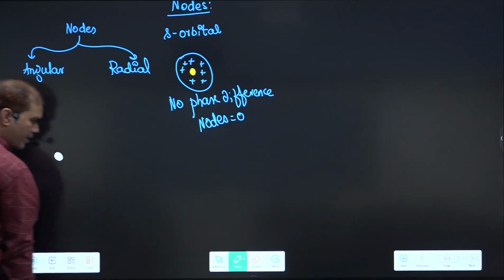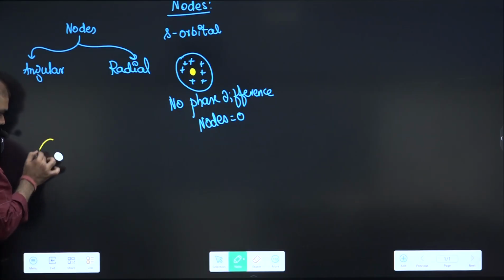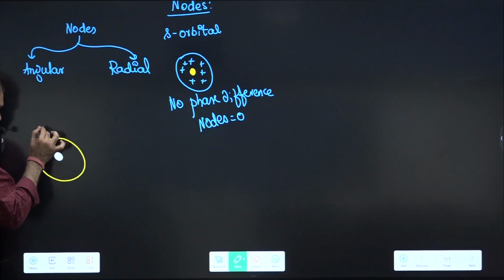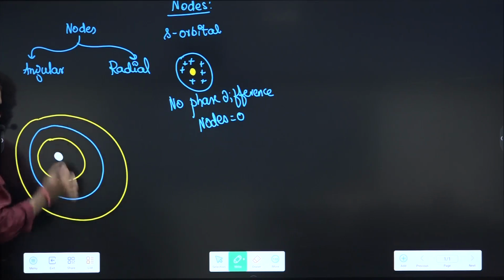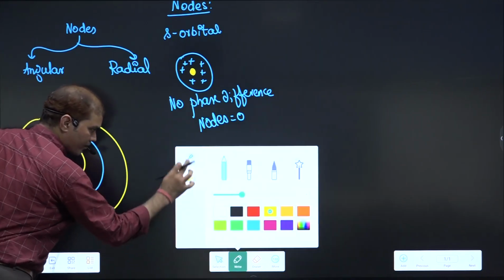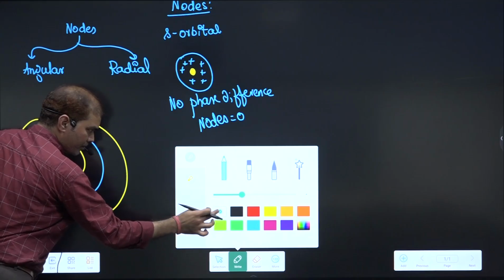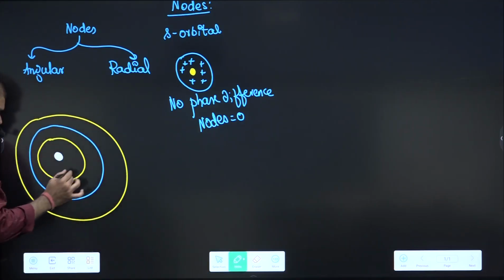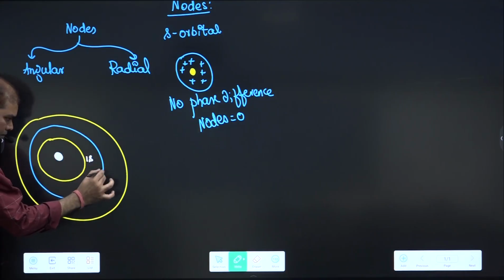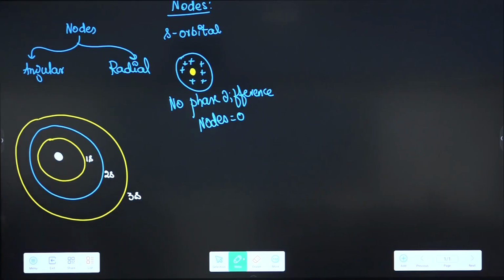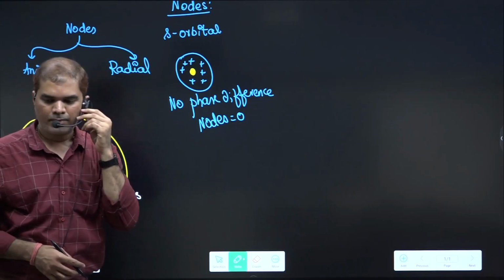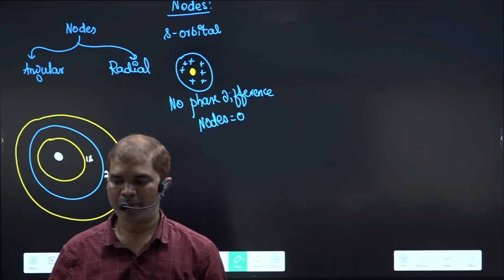Next, radial node is present between the identical orbitals. Between the identical orbitals. So how should you imagine?